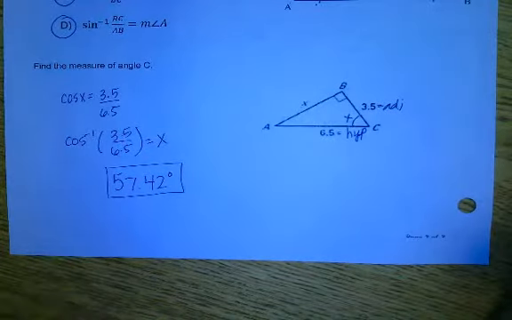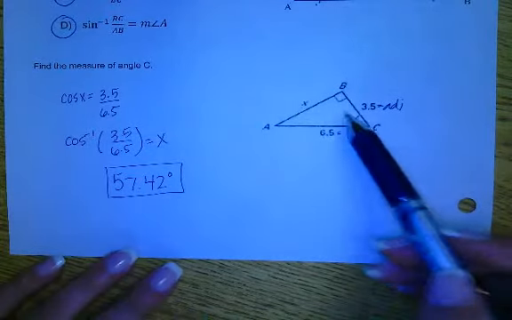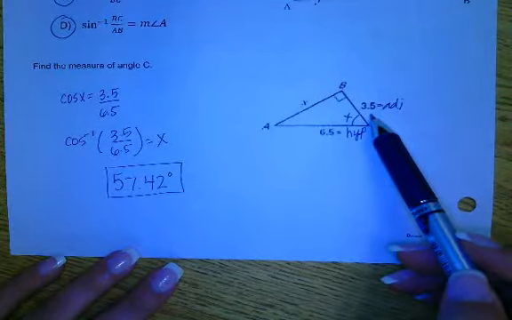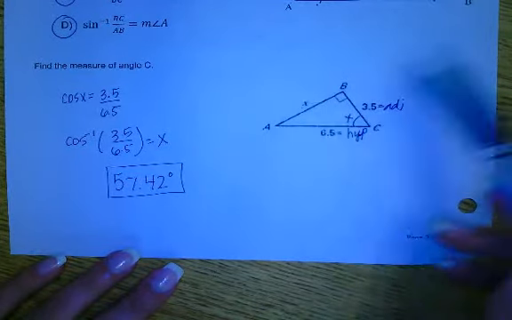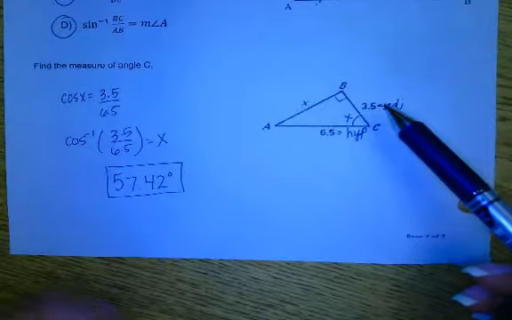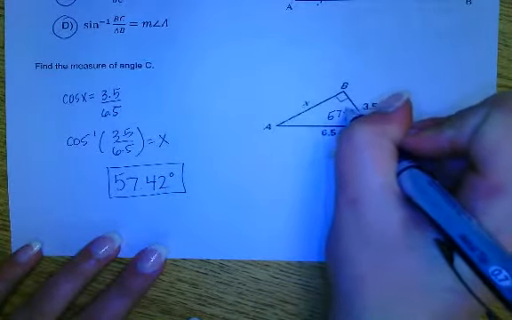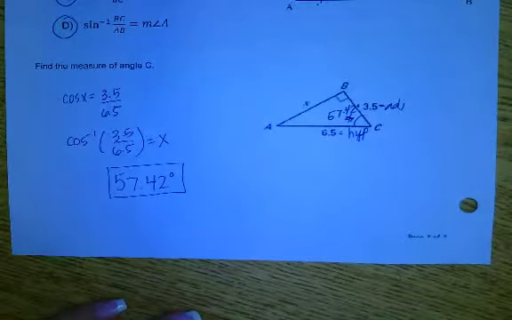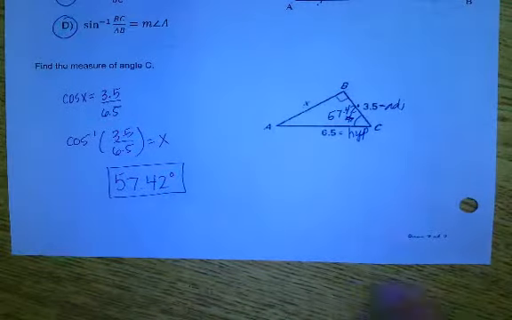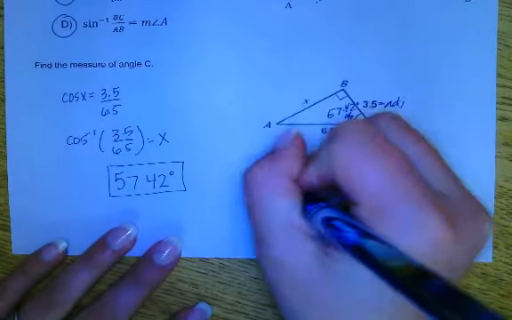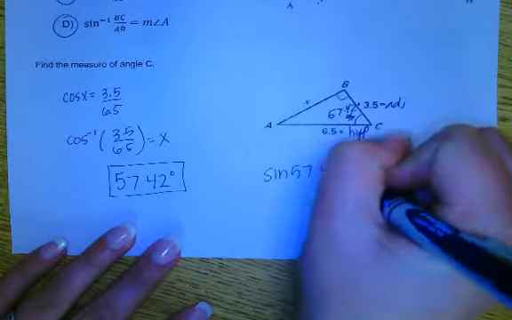Tangent, because you could say x over 3.5 for tangent, or you could say x over 6.5 for sine, and you know that your angle is now 57.42 degrees. And then you flip back to not the inverse, right, because now you're solving for a side. So it would be the sine of 57.42 equals opposite over hypotenuse.